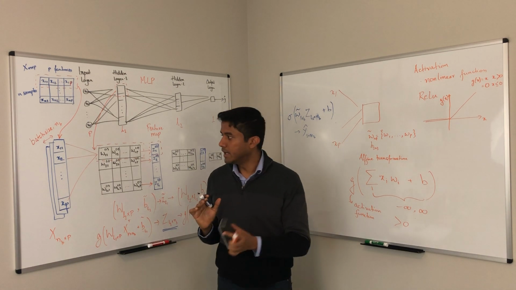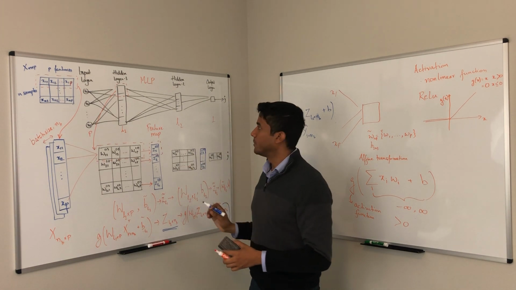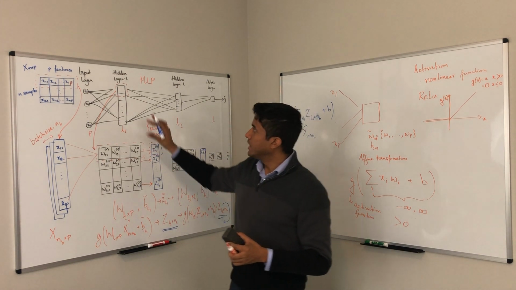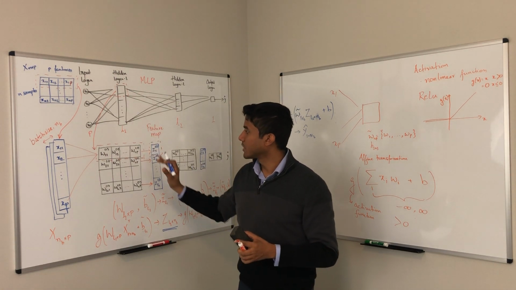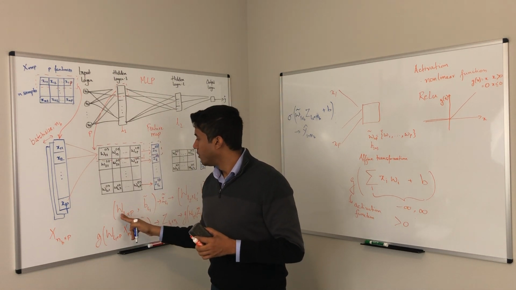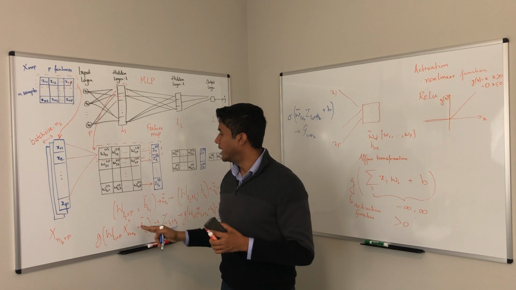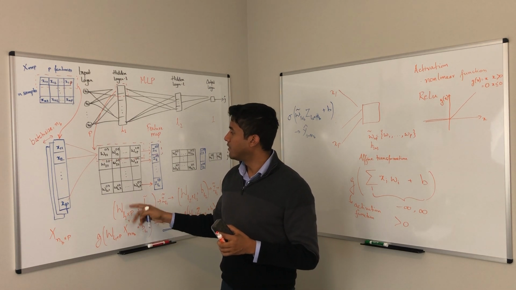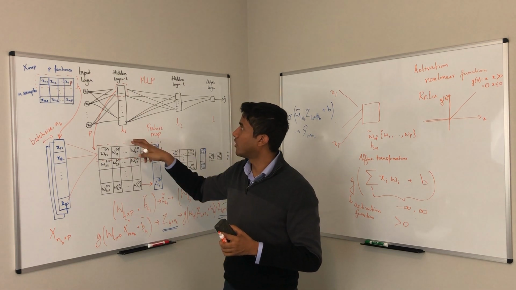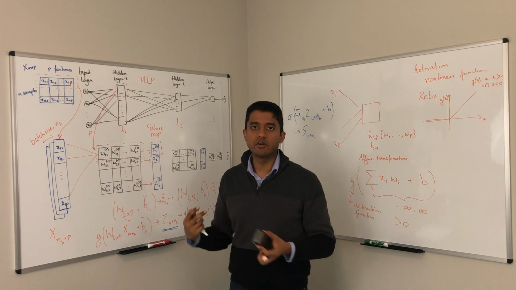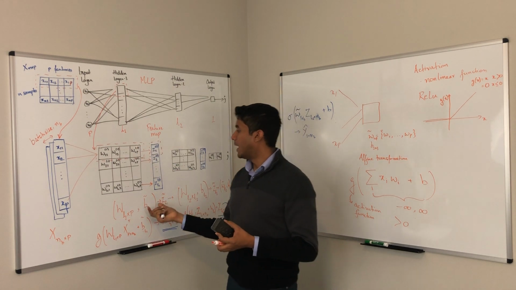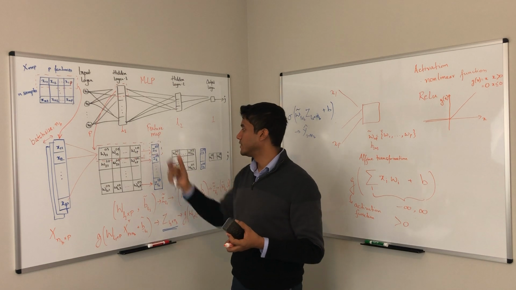So let's summarize the mathematical operations once more. Each of these hidden layers is made up of a weight matrix and bias. The size of the weight matrix is equal to the size of the hidden layer times the size of its input. Bias is simply a vector of the size of the hidden layer.